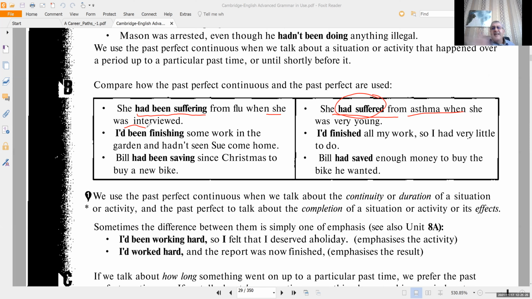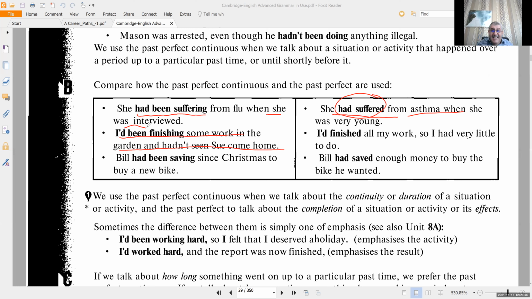She had suffered، عانت من الأزمة عندما كانت طفلة. هنا أيضا الزمان بعيد لا نعلم متى، لكن عندما كانت طفلة. قد تكون هذه المرأة الآن شابة أو سيدة، ممكن عمرها 20 سنة، 30 سنة، 50 سنة، لكن عندما كانت طفلة she had suffered from asthma. إذن كان عندها الأزمة في الصدر عندما كانت طفلة. لا يهمني الوقت، يهمني إنها في الماضي البعيد. I'd been finishing some work in the garden and hadn't seen Sue come home.